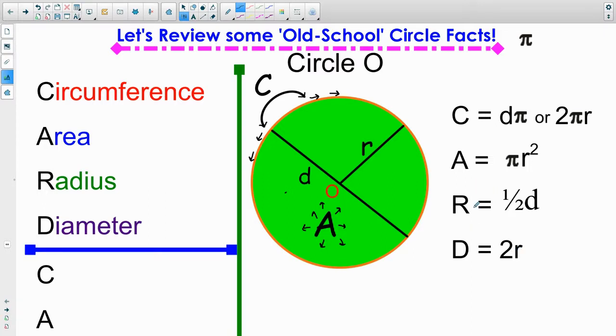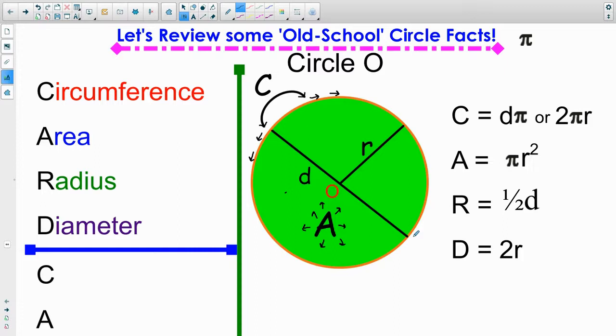And in the other direction, the radius is always equal to half of our diameter. There's a 2-to-1 ratio there. So given either one of those, it should be pretty simple to find the other.